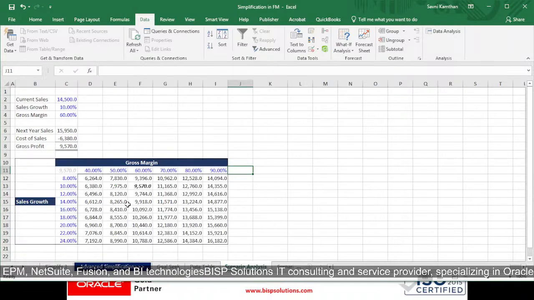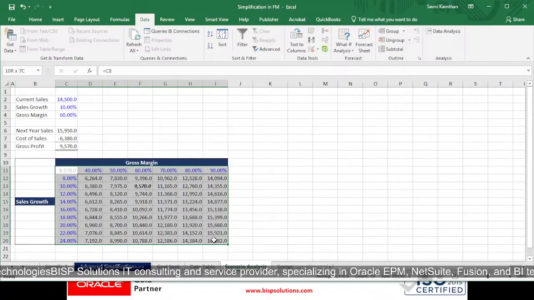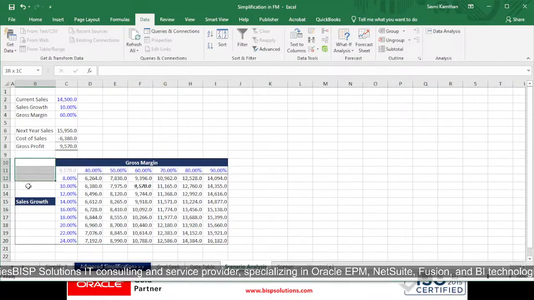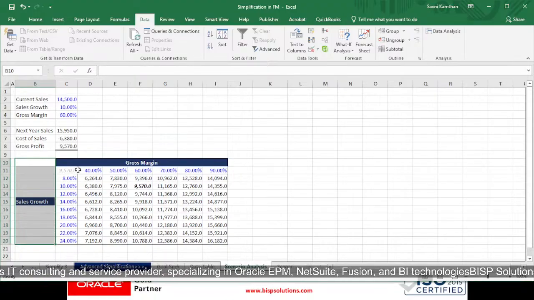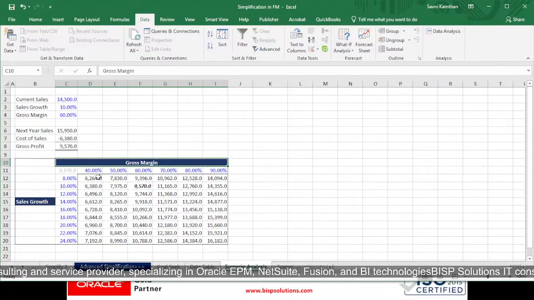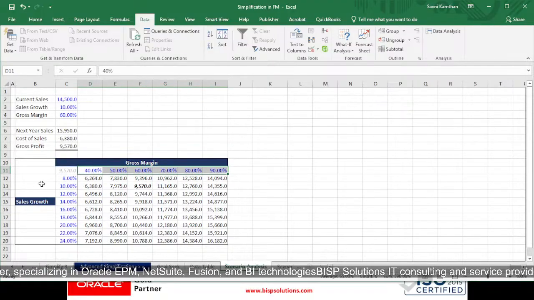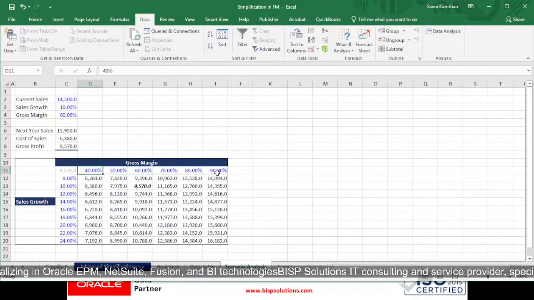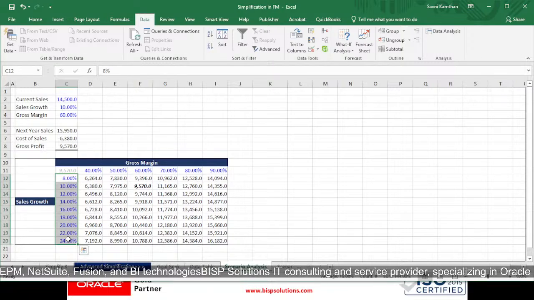Now if I want to do scenario analysis, again we have to do the same thing. I wrote sales growth over here and gross margin over here. Now my gross margin is increasing by 20% from 40 to 90, and sales growth is 2% steps from 8% to 24.